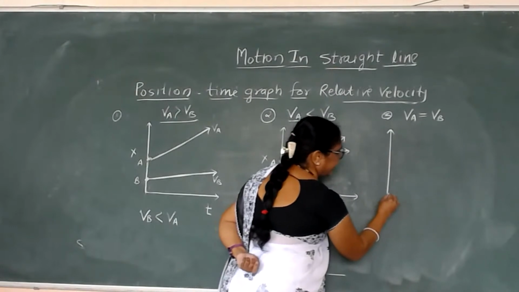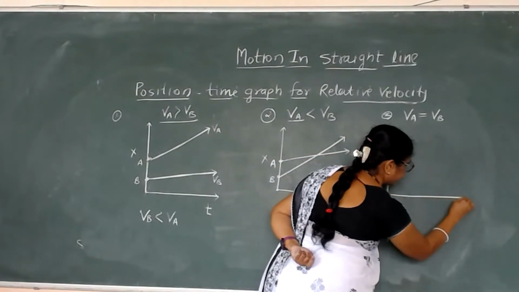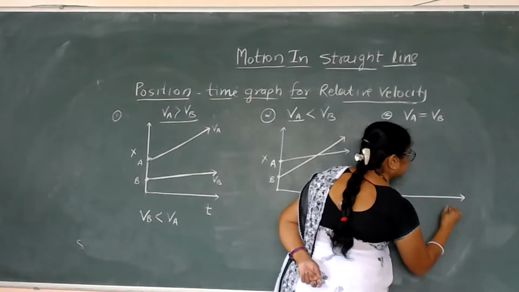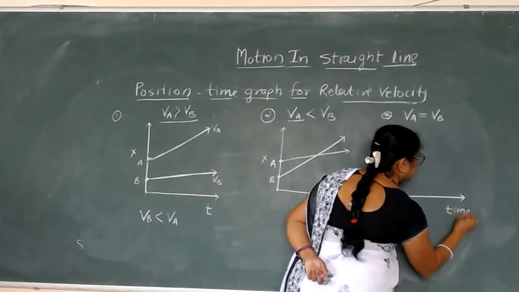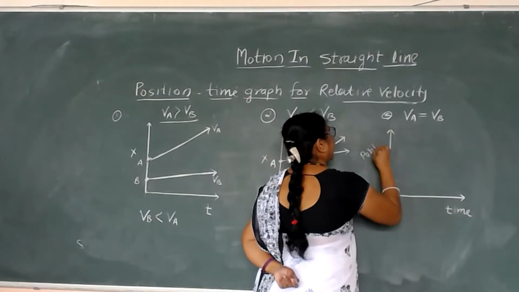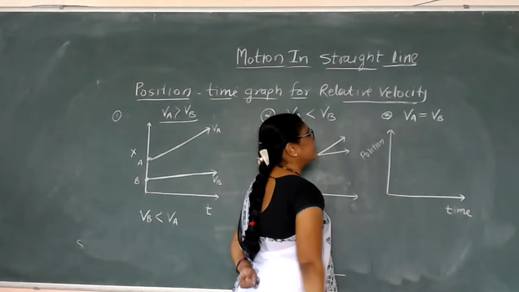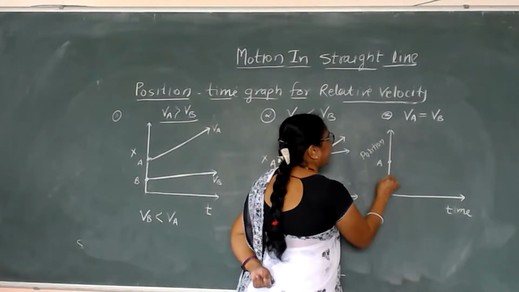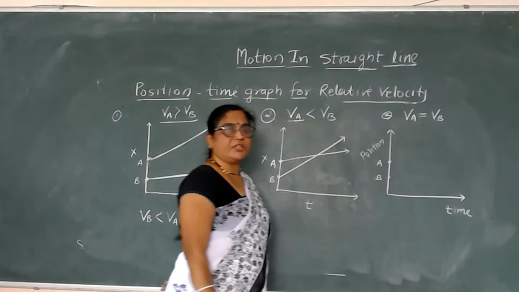Again take the x-axis and y-axis. On the x-axis we take the time, and on the y-axis we take the position, and the rate of change of position is known as velocity. There are two objects, A and B, both in motion.